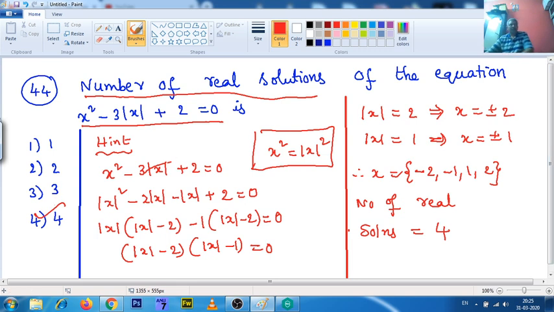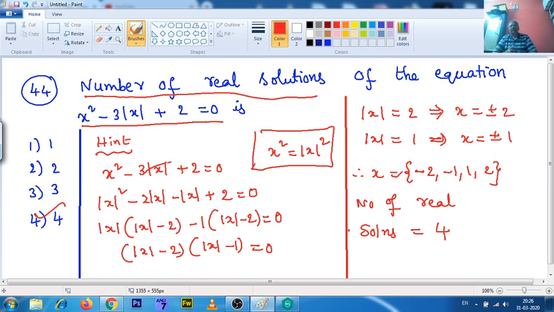Okay, next. I think you might have followed this question. Actually let me have a discussion on this question itself also, because here instead of asking the number of real solutions of the equation x square minus 3 mod x plus 2 is equal to 0, you may be asked to find the sum of the roots. There is one interesting logical fact in this one.